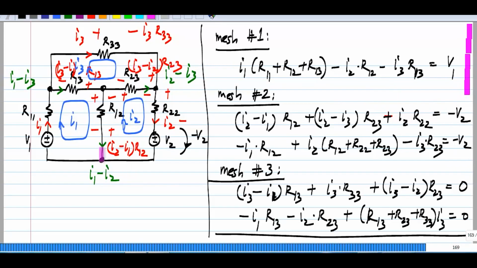So from the mesh currents you identify all the branch currents, and from that you can identify all the branch voltages. Of course, for voltage sources the branch voltage is independent of the current, but in general you get the branch voltages from the currents that you have calculated and the IV relationships of the element.